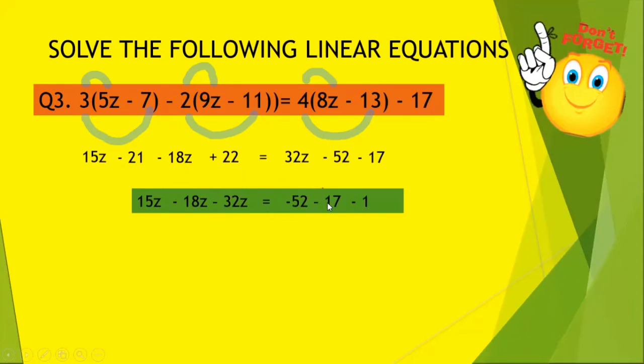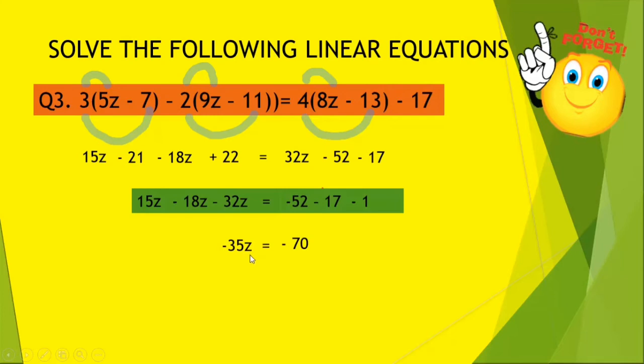Minus 52 minus 17 was already there, and this 22 minus 21, positive 1, when it goes to the other side becomes minus 1. Now here 15 minus 18 is minus 3, minus 3 minus 32 is going to be minus 35z, and all the negatives we are adding. So 52 plus 17 plus 18, we get 70, minus 70.